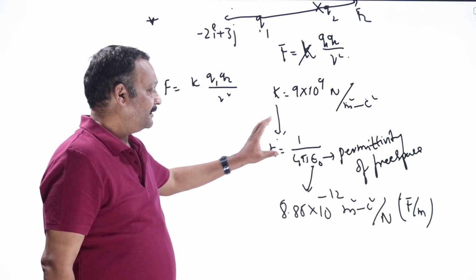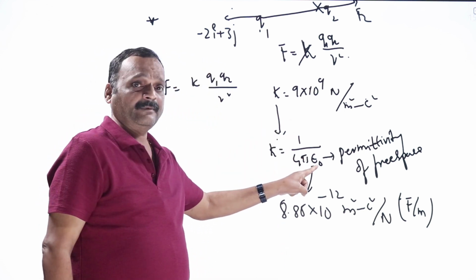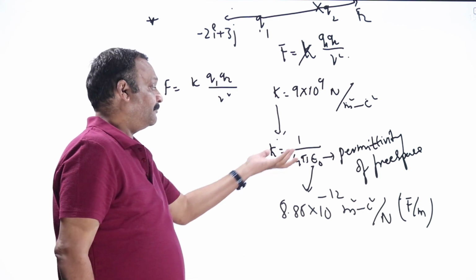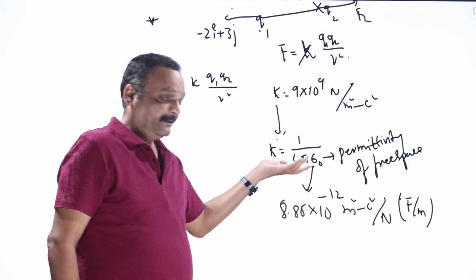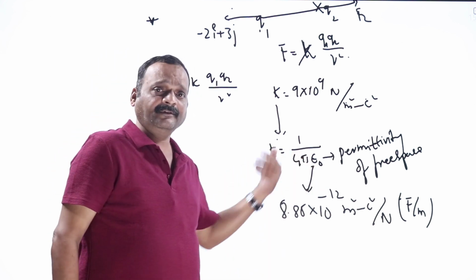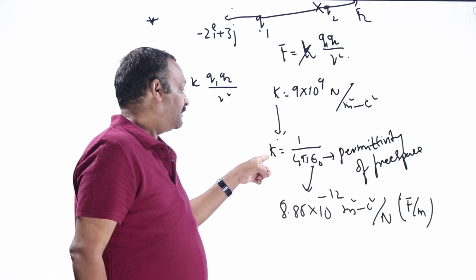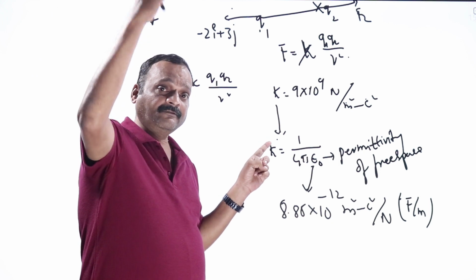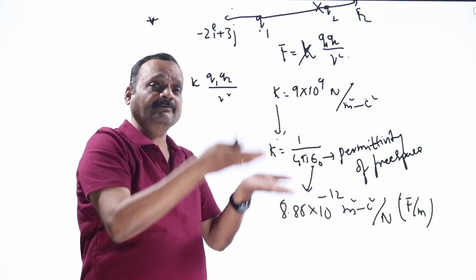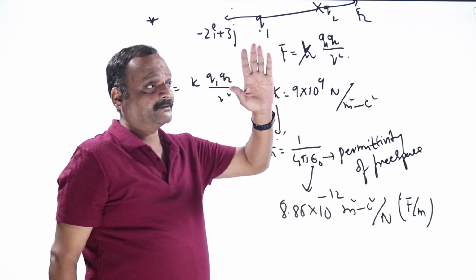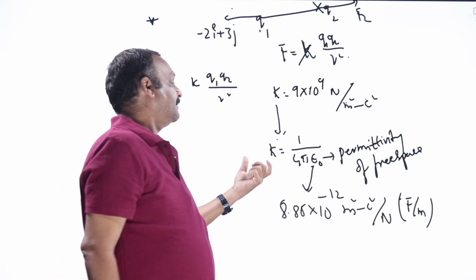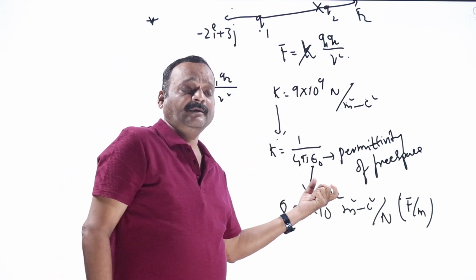This k is usually written as 1 by 4 pi epsilon naught. It becomes very convenient. Here it may look slightly complicated, but when we go deeper into electrostatics and electromagnetic theory, if I simply take it as k, we would have to keep dividing most of the relations by 4 pi epsilon. So in order to simplify things at higher levels, we write k as 1 by 4 pi epsilon naught.